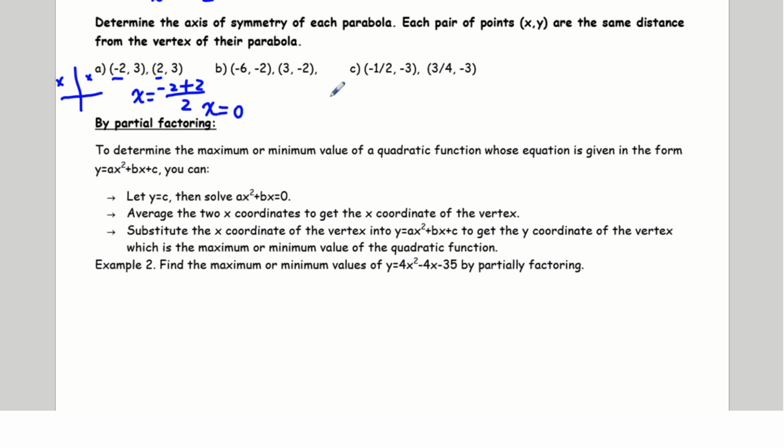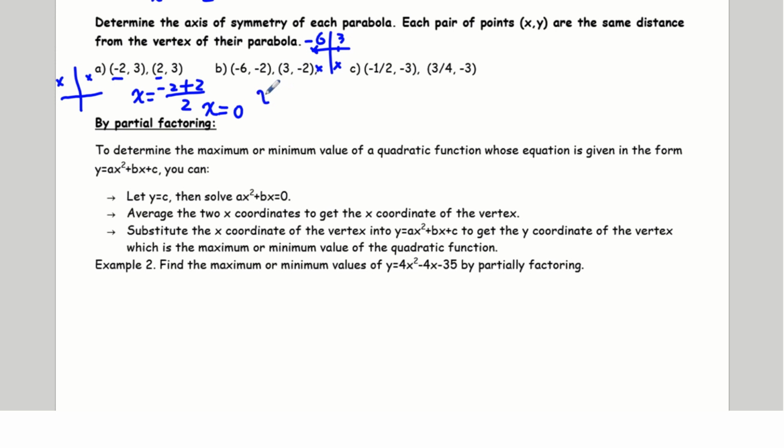And for question B, it's (-6, -2) and (3, -2). You have the two y values the same, so they are symmetric points. If they are symmetric points, then the midpoint of these two will give you the axis of symmetry.